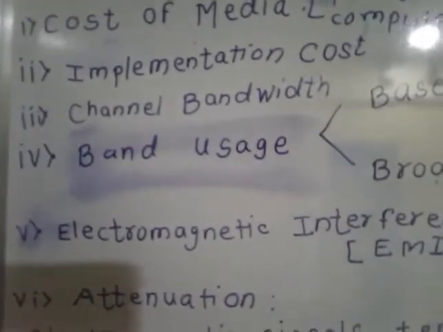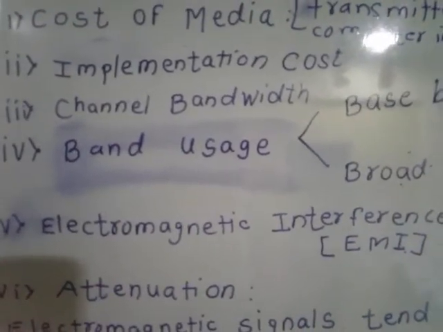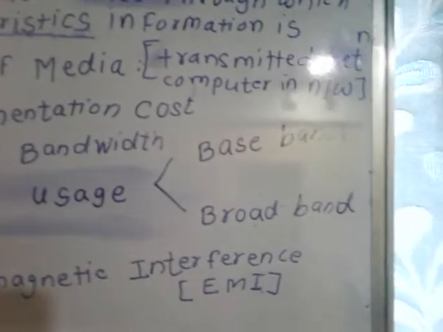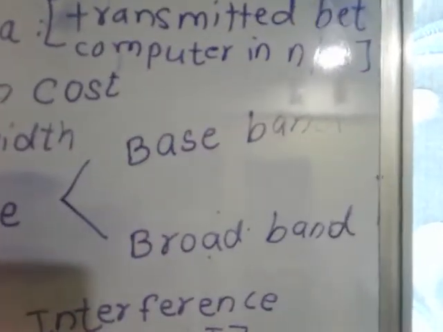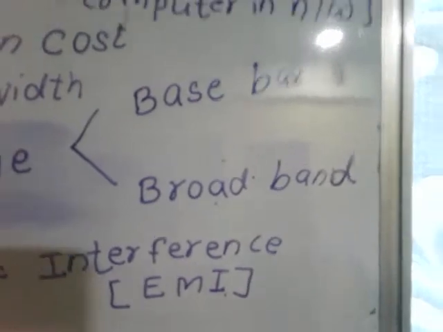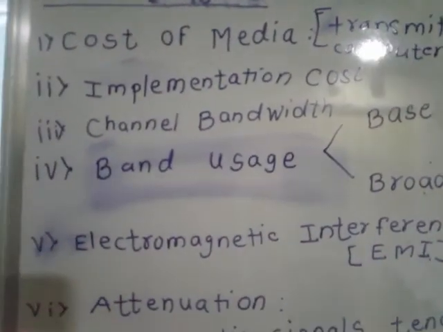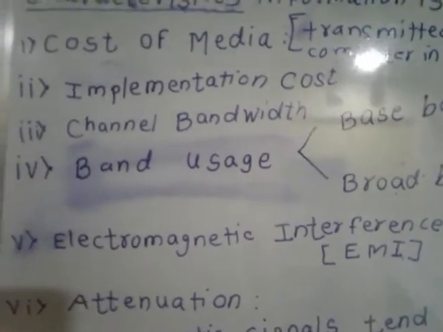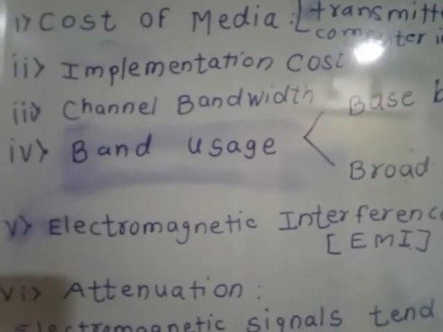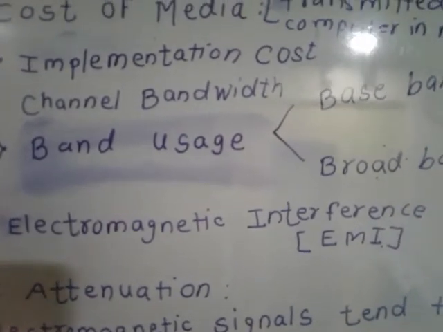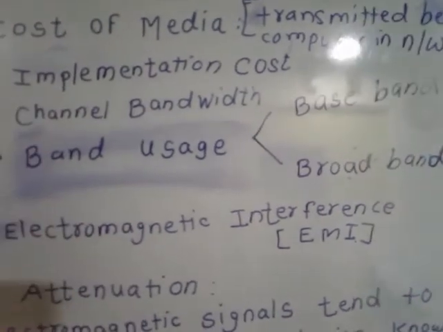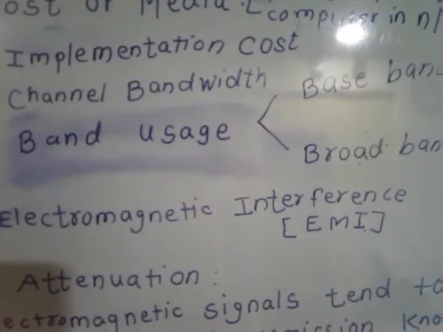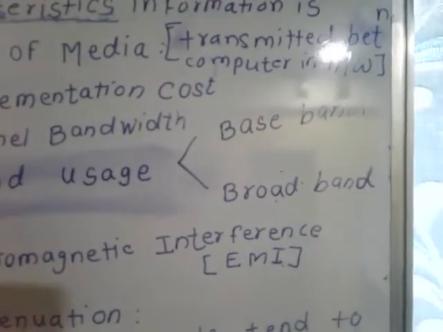Now the fourth property is band usage. Band usage is mainly divided into 2 parts: baseband and broadband. We'll see baseband first. Write down: in baseband transmission mode, baseband devotes the entire capacity of the medium to one communication channel.